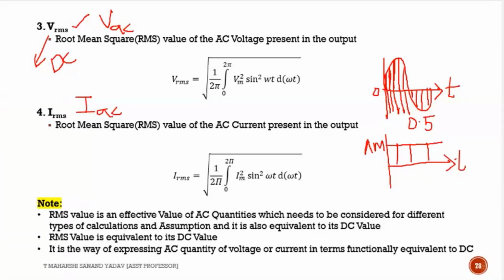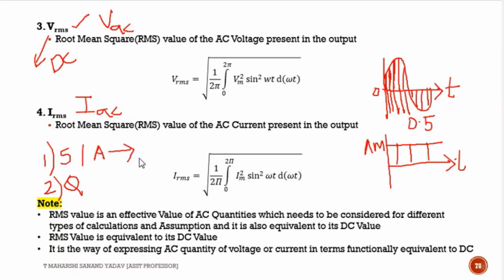Sampling. So if we do sampling, what do we get? Either discrete or digital. Two steps will be there. First is sampling. Next is quantization. Sampling is analog to discrete, and quantization is discrete to digital. Good.